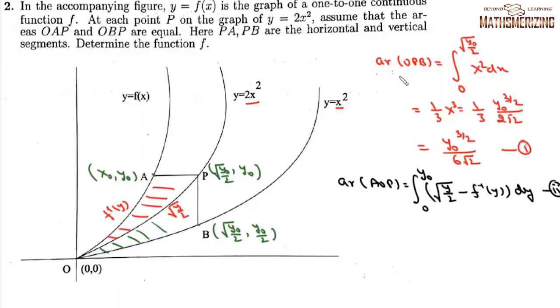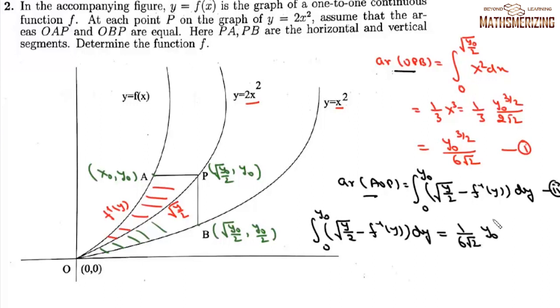And the question says these two areas are equal, so we can write this integral from 0 to y naught of square root of y by 2 minus f inverse y dy will be equal to 1 upon 6 root 2 y naught to the power 3 by 2. Now what we'll do is we'll differentiate both sides with respect to y naught.